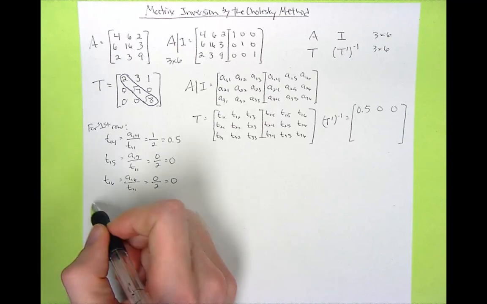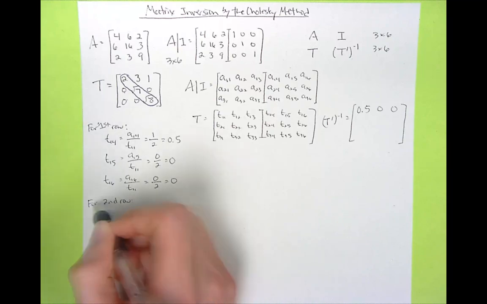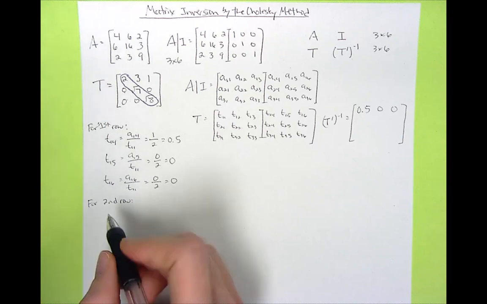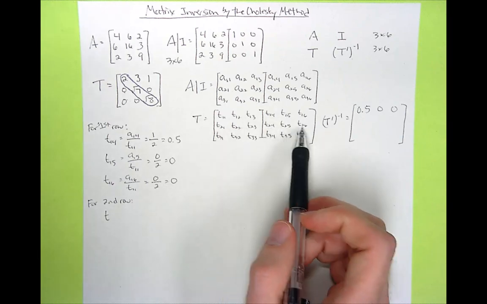Now for the second row. Using formulas that we learned previously with the Cholesky algorithm, the Cholesky method, we need T24, T25, and T26.